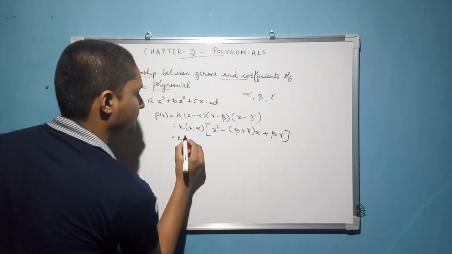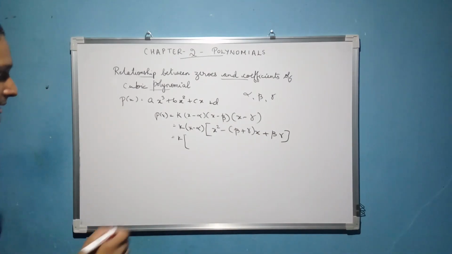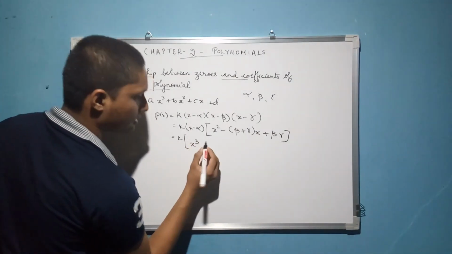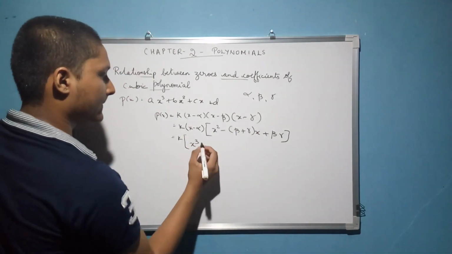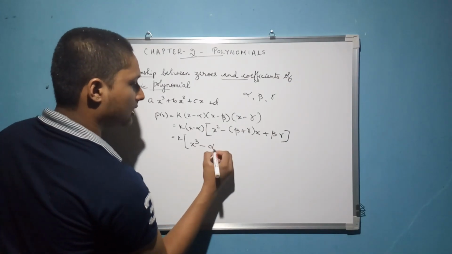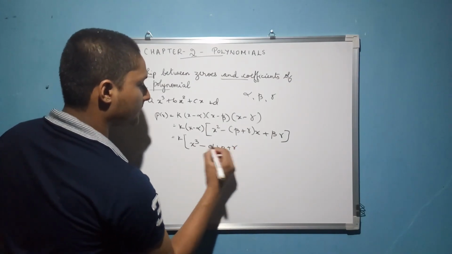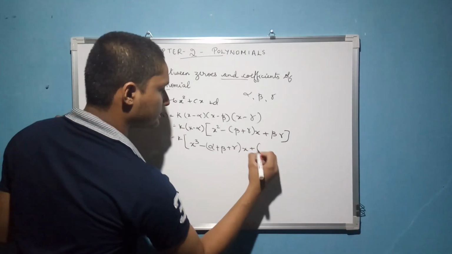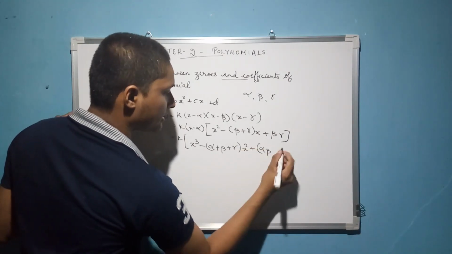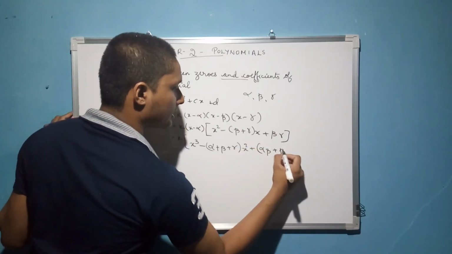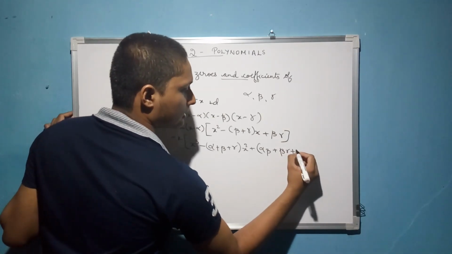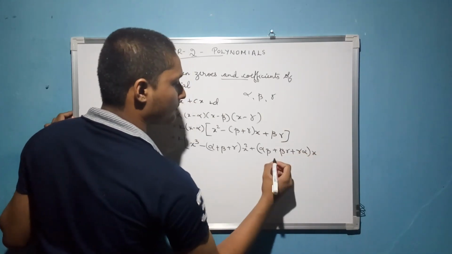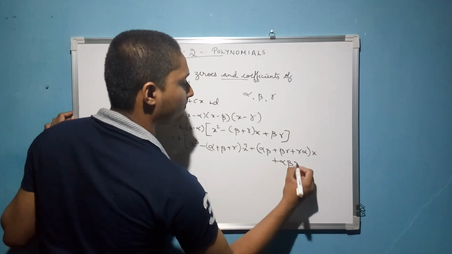That comes to be, you need a bigger bracket, x cube minus (alpha plus beta plus gamma) x square plus (alpha beta plus beta gamma plus gamma alpha) x minus alpha beta gamma.